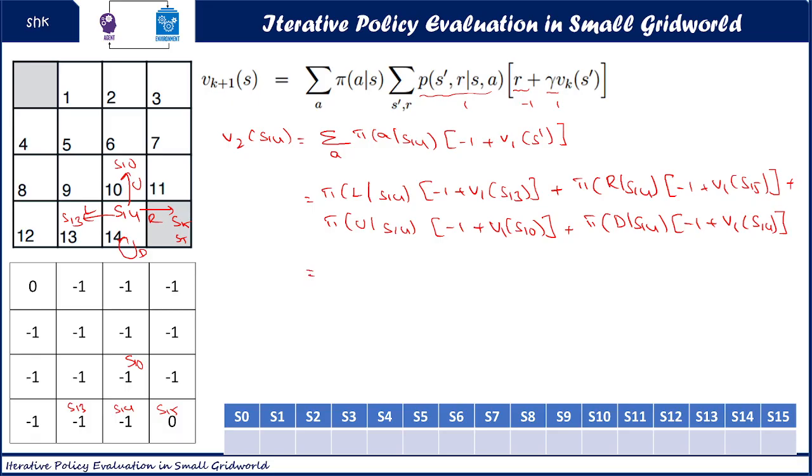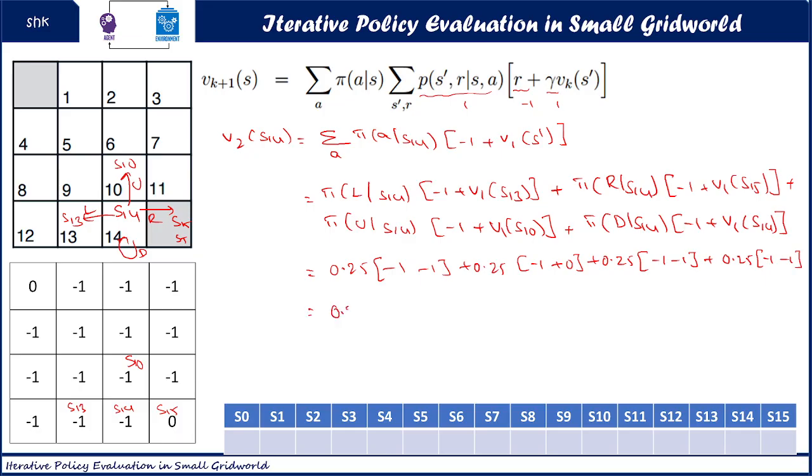Substituting, the probability of all the actions is 0.25, and the V1 values of the states, we get 0.25 into minus 1 plus V1 of S13, which is minus 1, plus 0.25 into minus 1 plus V1 of S15, which is 0, plus 0.25 into minus 1 plus V1 of S10, which is minus 1, plus 0.25 into minus 1 plus V1 of S14, which is minus 1.